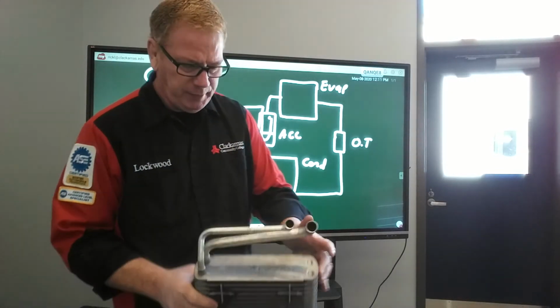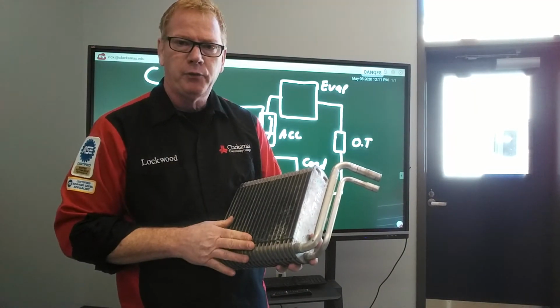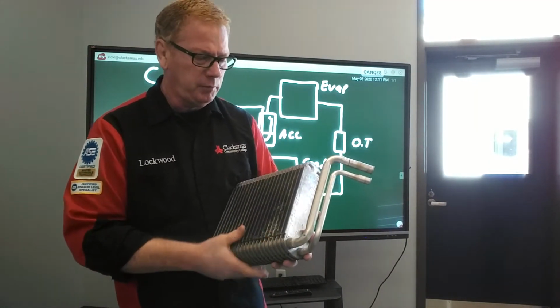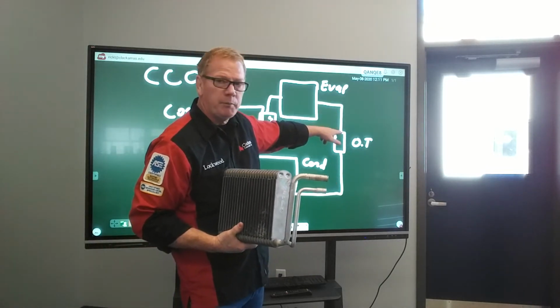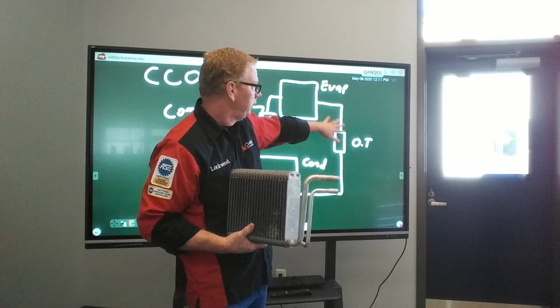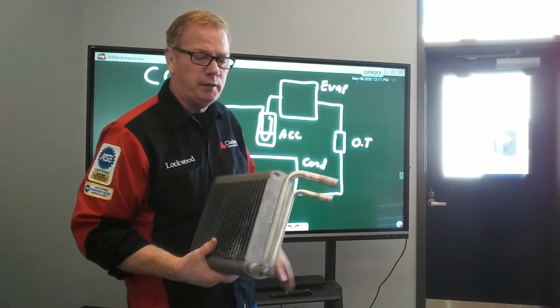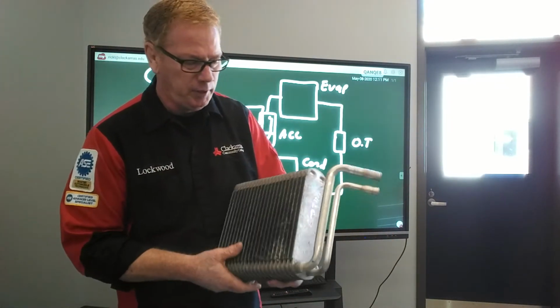So if we enter this evaporator through one of these lines, which would be this line right here coming off the orifice tube, which is referred to as a low pressure liquid line, we've got low pressure liquid coming into the evaporator itself.